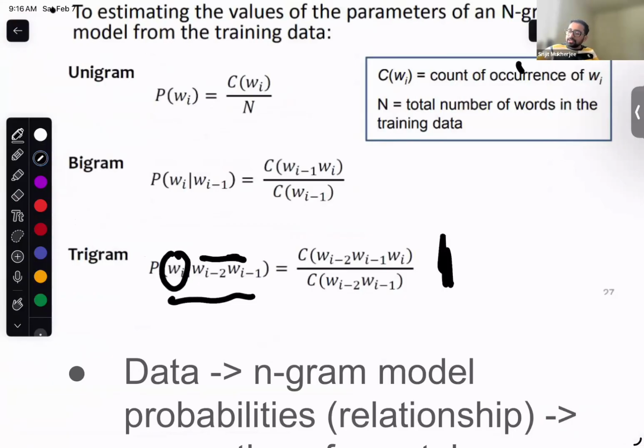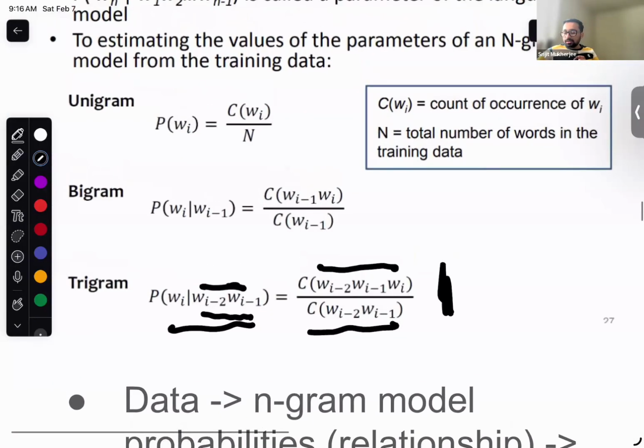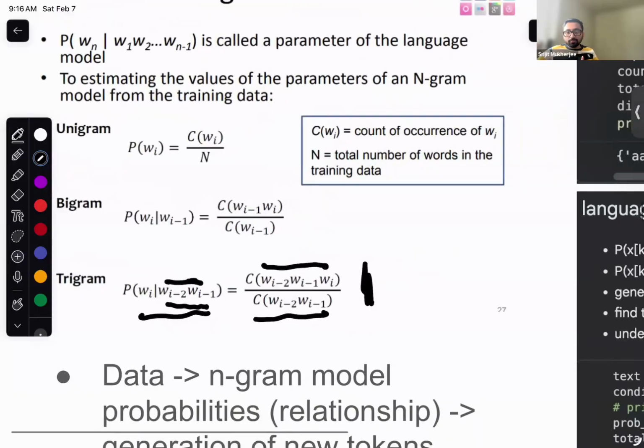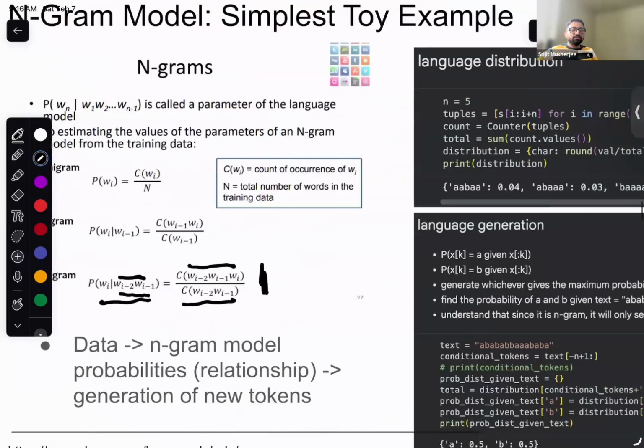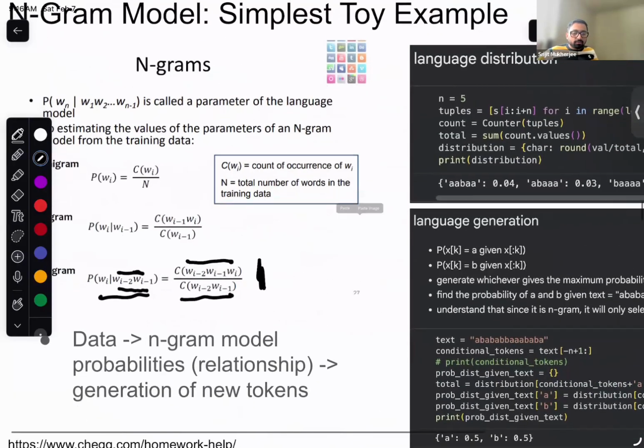Essentially, it is nothing but the count of how many times all 3 tokens together have happened, divided by the total number of these 2 tokens. Does it make sense, all of you? The general mathematical framework.